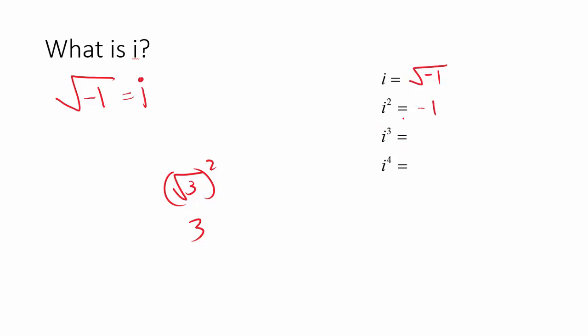And then i to the third can be calculated pretty similarly. If we split this up, i to the third we could rewrite as i squared times i to the 1, or i. And then remember that i squared is just equal to negative 1. So i to the third is just the opposite of i, or negative i.